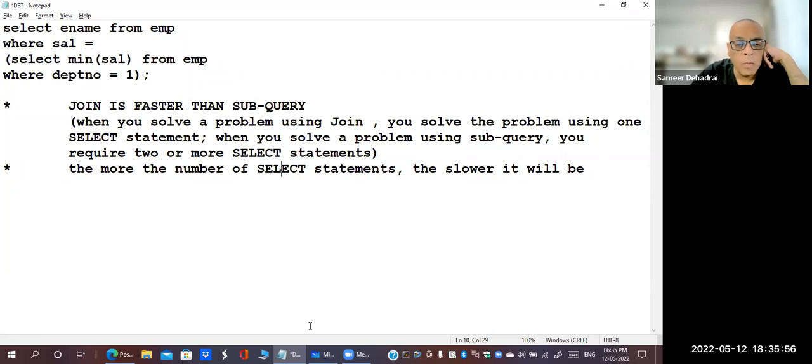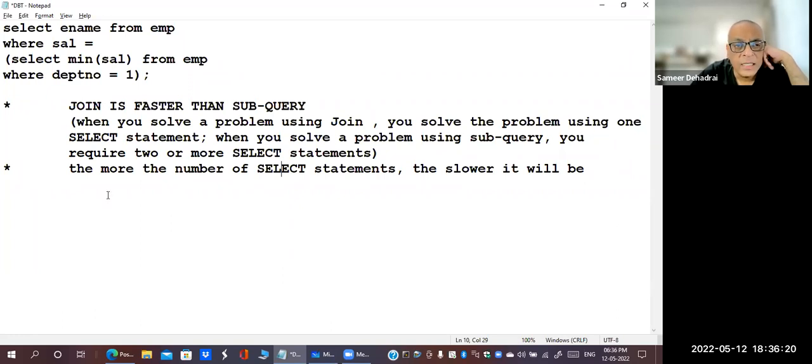If I give you a problem and you solve the problem by writing subquery up to 3 levels, and I give the same problem to Akshay and he solves it by writing subquery up to 4 levels, your solution would be faster than Akshay, because the more the number of select statements, the slower it will be.